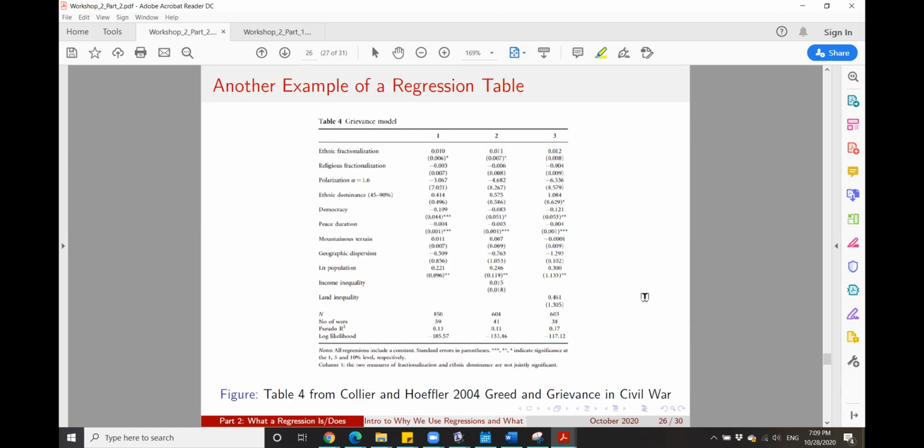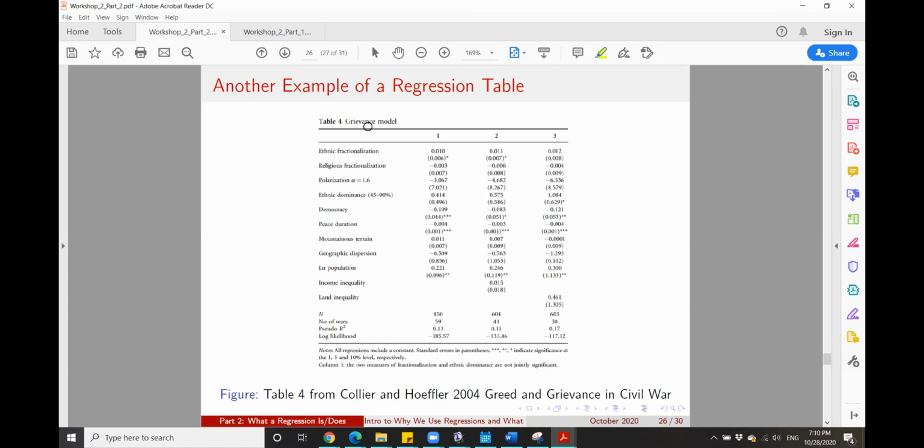Okay, this is another example of a regression table. This one is about the incidence of the starting times of civil wars. It's looking at the relationship between these variables in a given year, in a given country, and the likelihood of a civil war starting the next year.